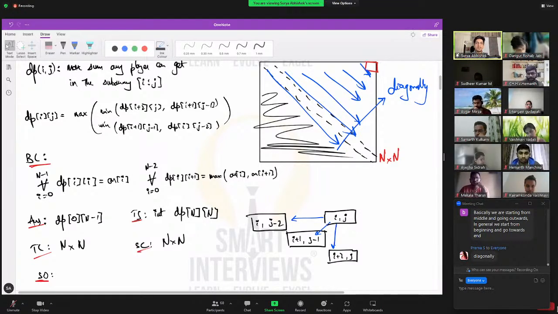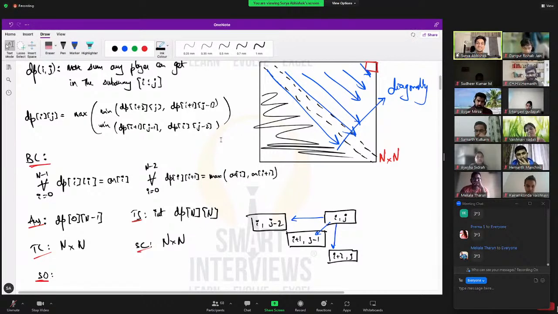And lastly, what about space optimization? Three cross three is perfectly wrong. 3 cross 3 is not sufficient, right?